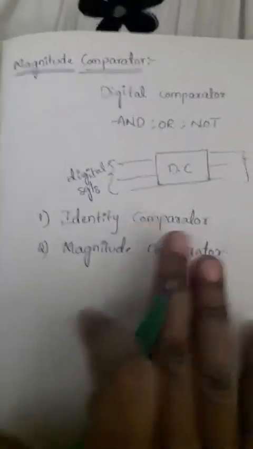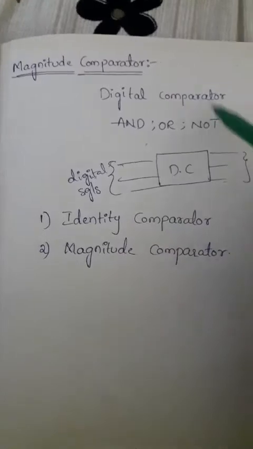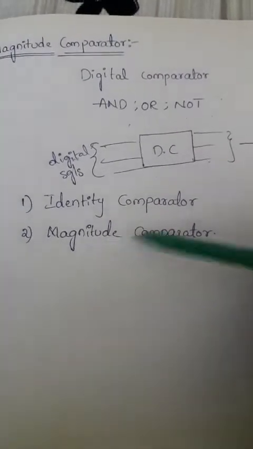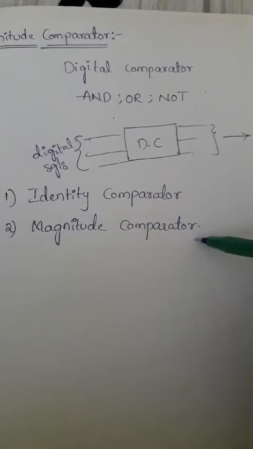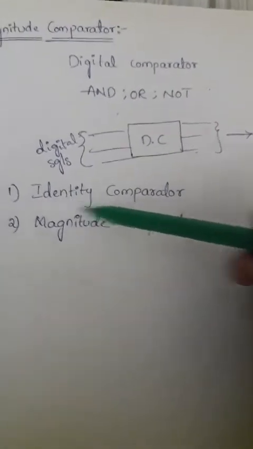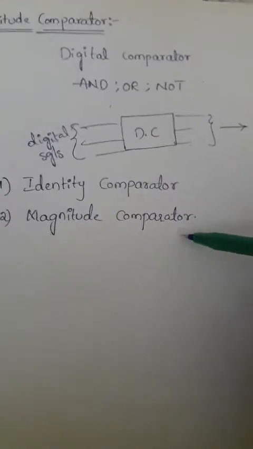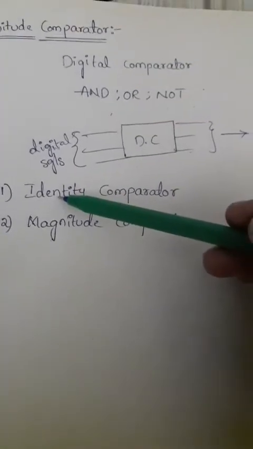Generally these digital comparators are classified into two types: the first is the identity comparator and the second is the magnitude comparator. Now we will discuss what is an identity comparator and what is meant by a magnitude comparator.